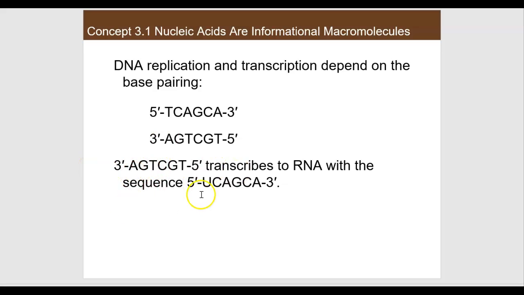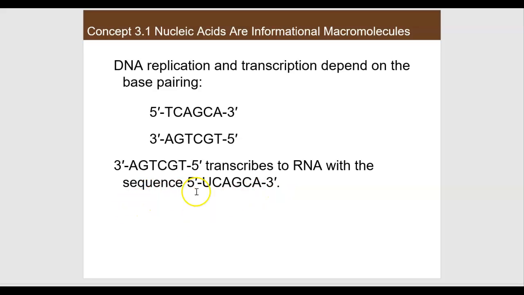Now, I'm going to have to stop here, but I think we've gotten to a good spot. Here's the RNA, and RNA can get transcribed, and we'll see how that works later. But notice what happens there. When a strand of RNA gets converted into a different strand, and we'll explain later why, instead of having a T on this side, we see the U, and then everything else is the same.